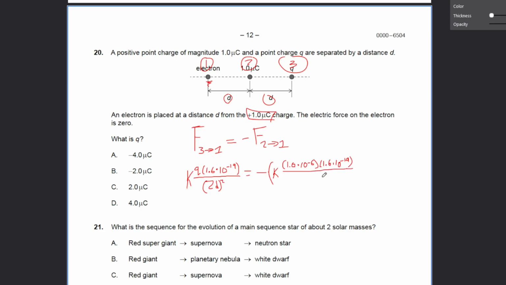And this time it's just being divided by d squared. So if we're trying to solve this, there are several things that will cancel out. Firstly, if I square this 2d, I get 4d squared, so the d squares cancel.